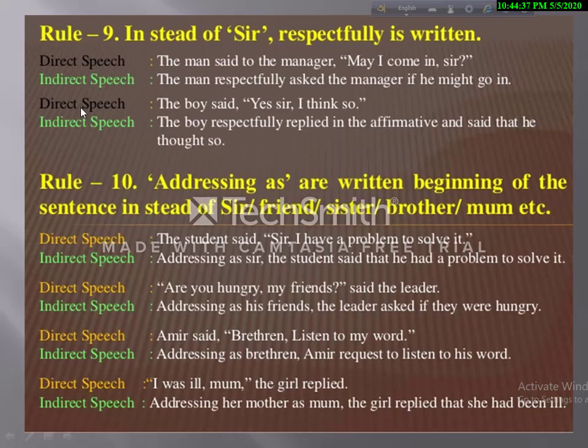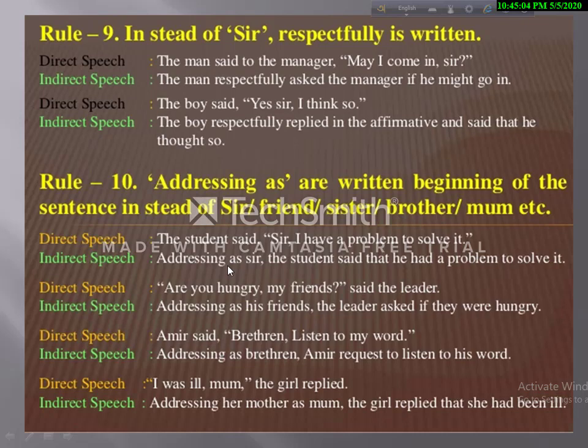Okay. And in rule 10, I have already said: addressing as a region at the beginning of the sentence instead of sir, friend, sister, brother, mom, etc. Instead of sir, you may also write addressing as sir. Here, the student said, "Sir, I have a problem to solve it."